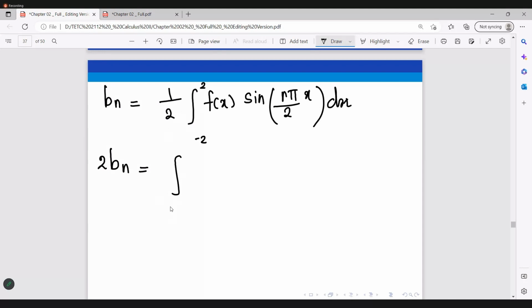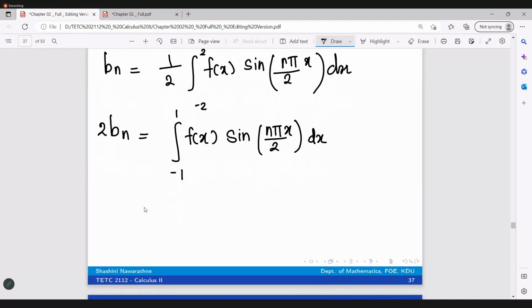So we can consider only from -1 to 1, f of x sine n pi x over 2 dx. So we can write -1 to 1 k sine n pi x over 2 dx.